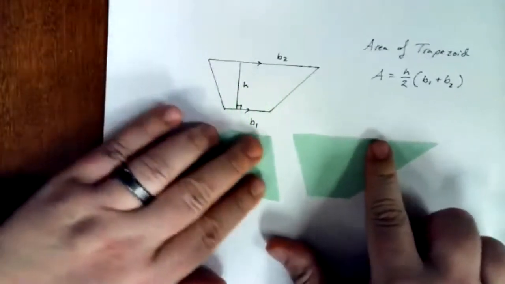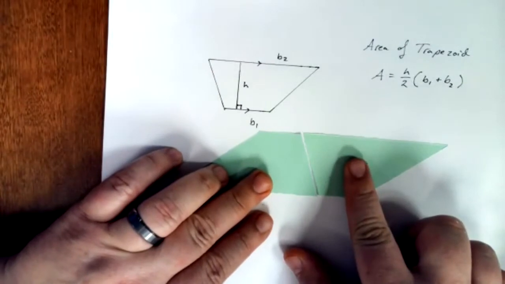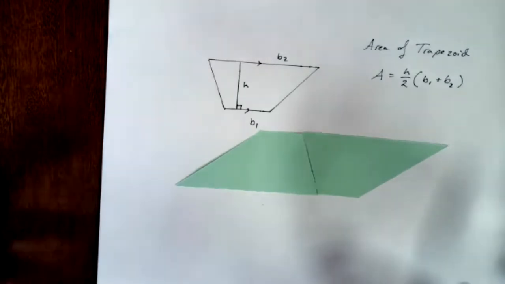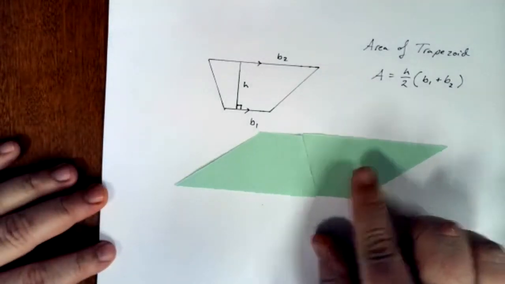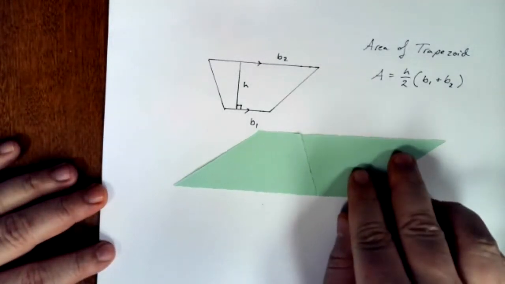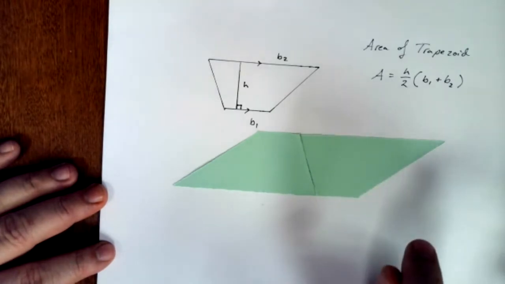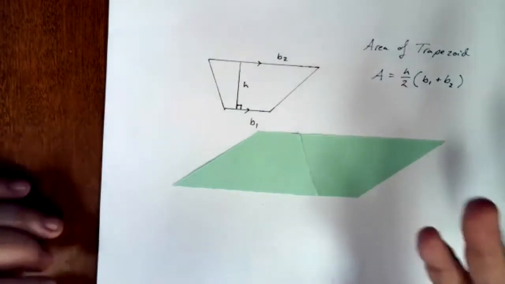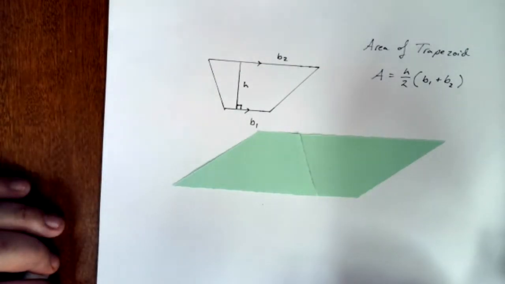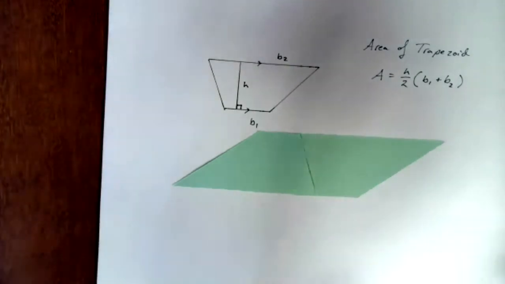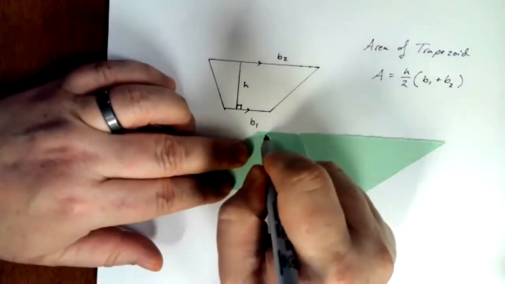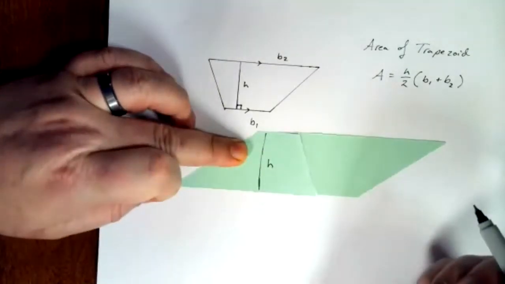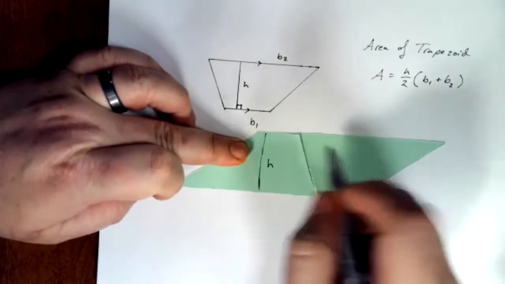and I'm going to turn it around. And now what do we have? What shape is this? Yeah, now I've got a parallelogram. And the formula for the area of a parallelogram we just talked about. So I have a height and the base.